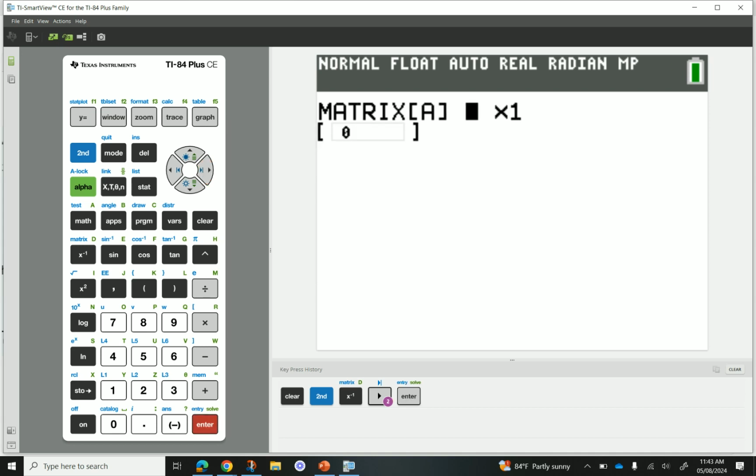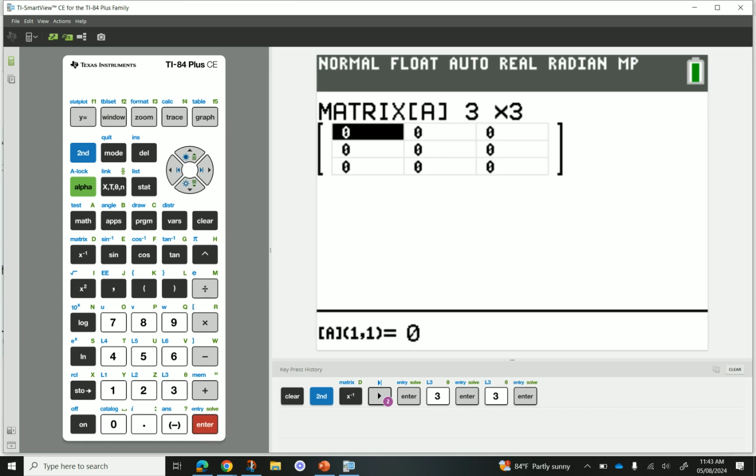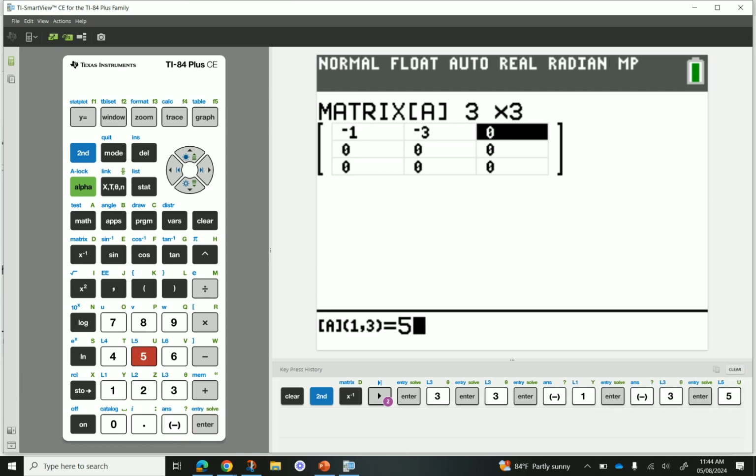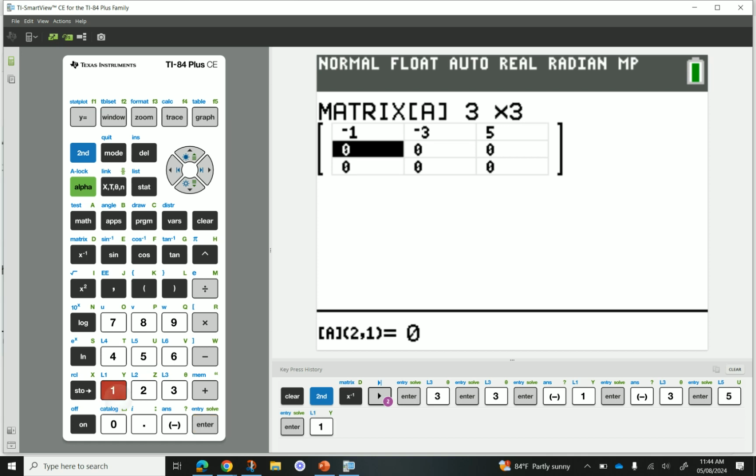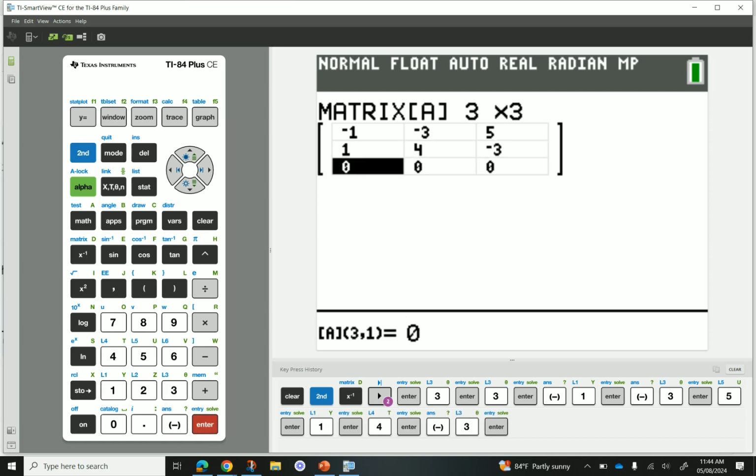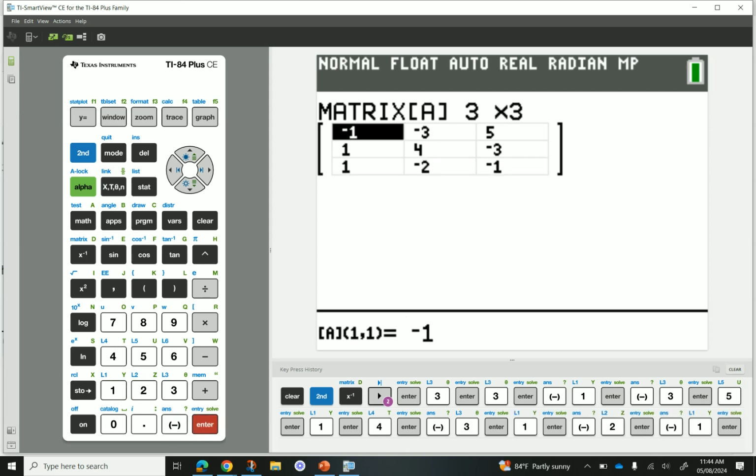Click matrix A. We are making ourselves a 3x3, so we tell it it's a 3x3. And then we fill it in with our coefficient matrix. 5. My next row is 1. Remember to push enter after each time you put something in, especially the last one. -2, -1.